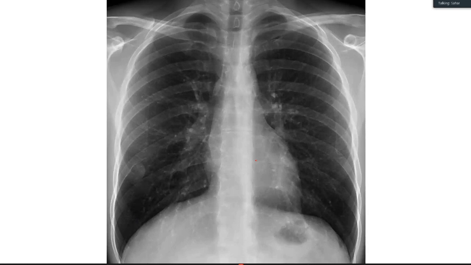The cardiac shadow appears normal. CP angles are well observed. The mediastinum appears normal. The underlying bones appear normal. This opacity, which I see, is well rounded, and also some cystic lucencies. These are seen in the right.